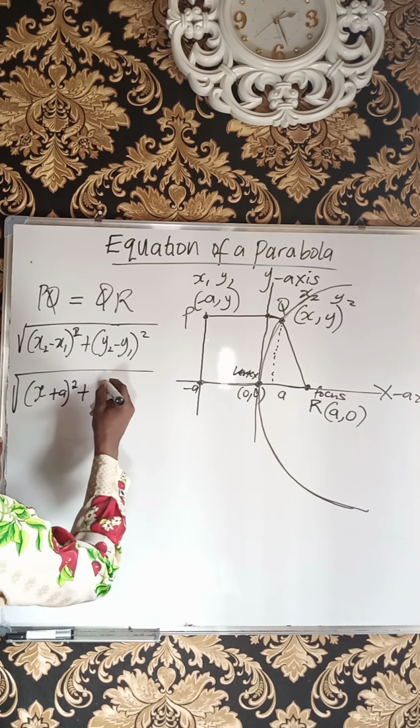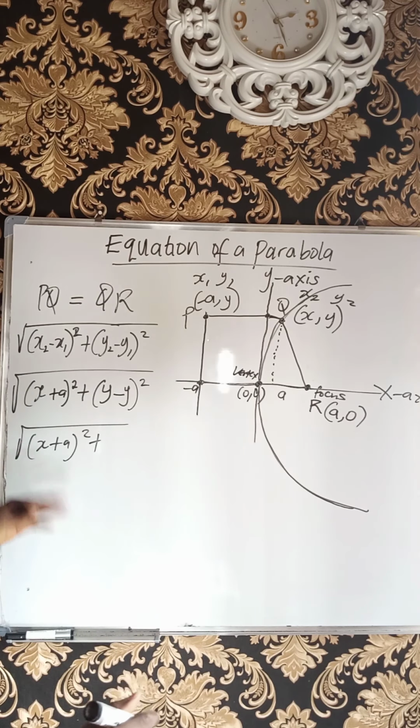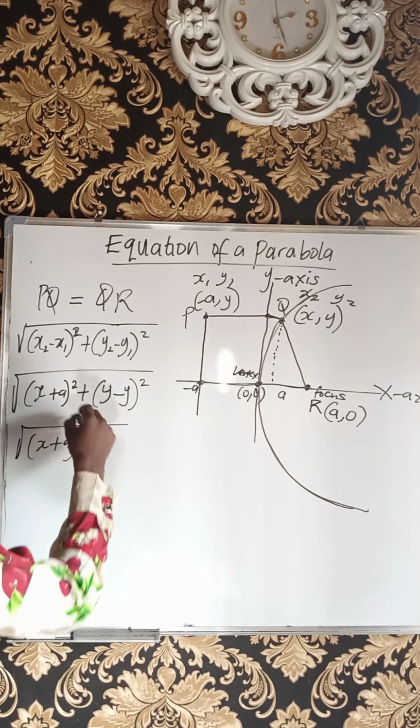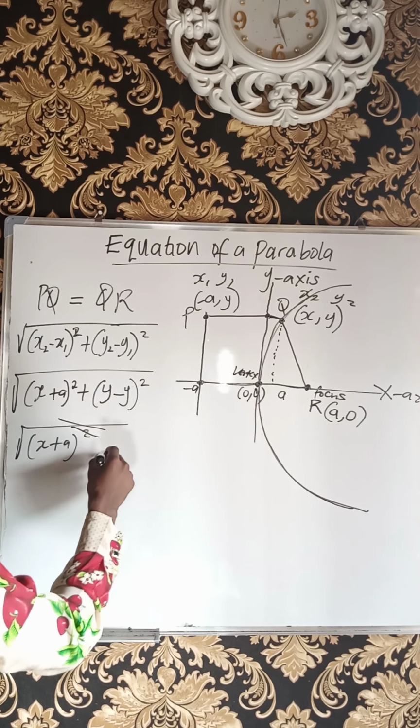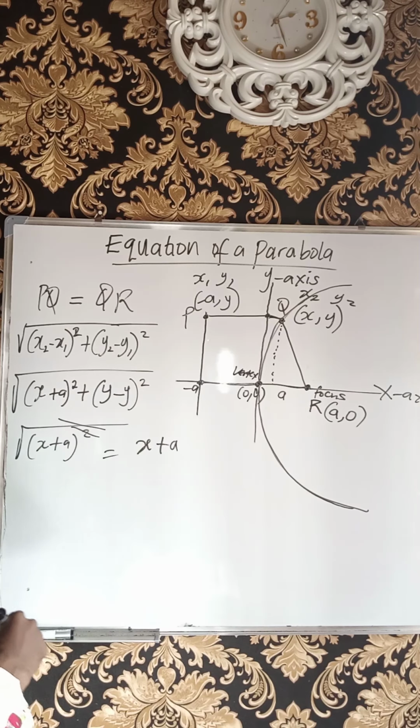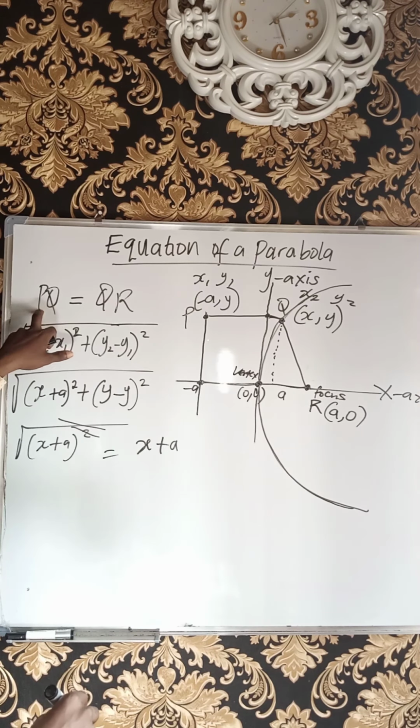This will now give me x plus a all squared plus 0, because y minus y is 0 and 0 squared is still 0, so plus 0, no need. And this square root will cancel this square, so we are left with x plus a. X plus a is now the distance PQ.